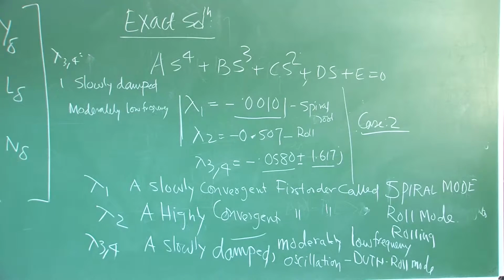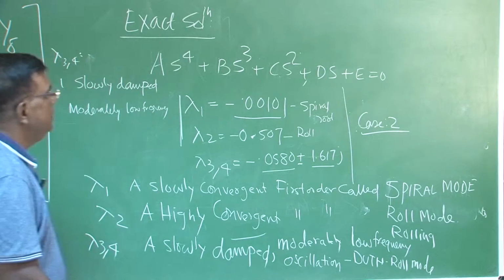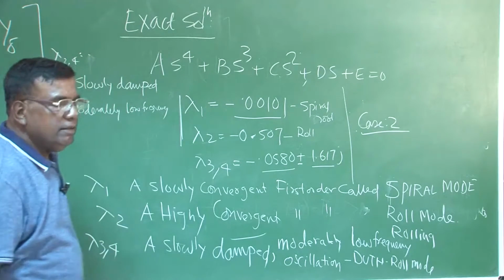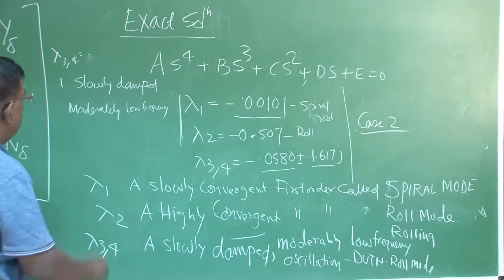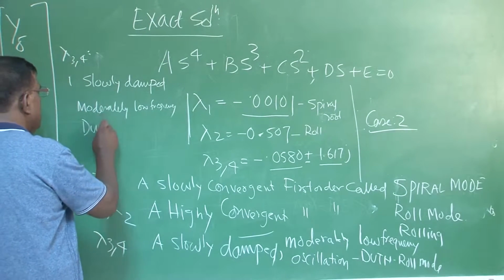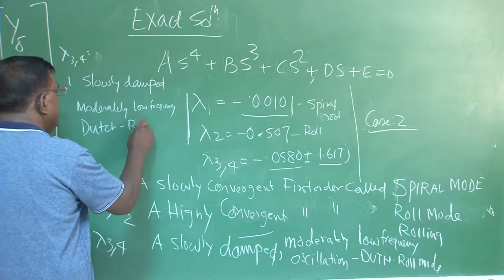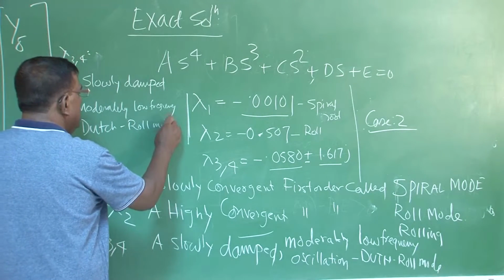In combination, you know how to find out the frequency. You have to again treat it as a second order system, s squared plus 2 zeta omega n s plus omega n squared equal to 0. You will find these are moderate low frequency, and this is also called Dutch roll mode.